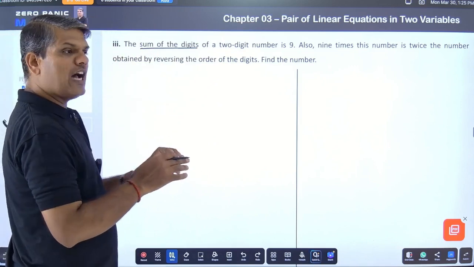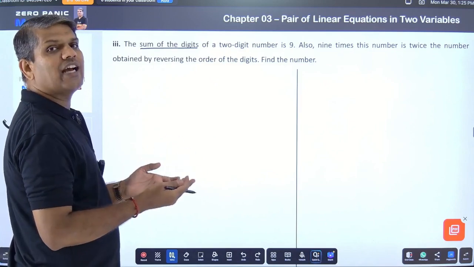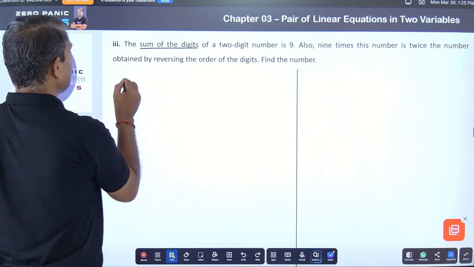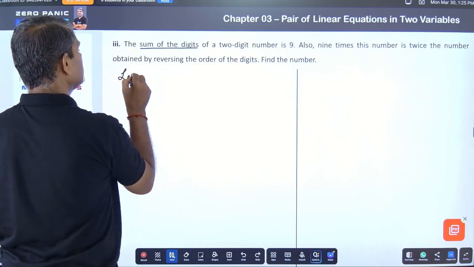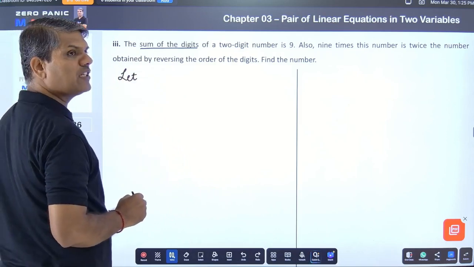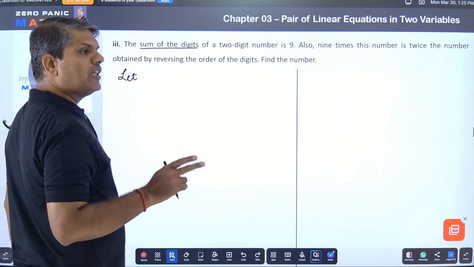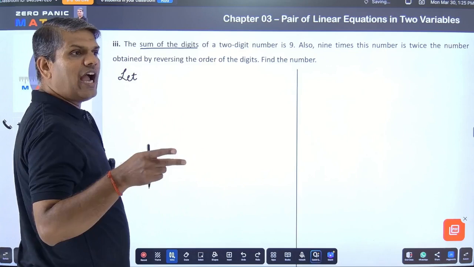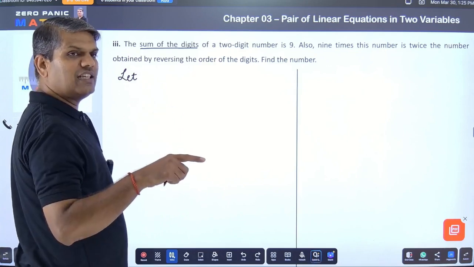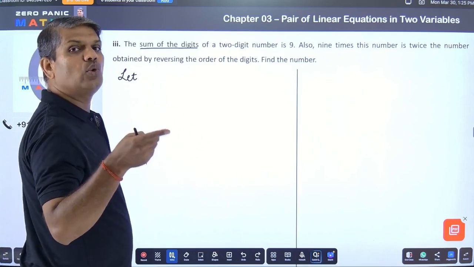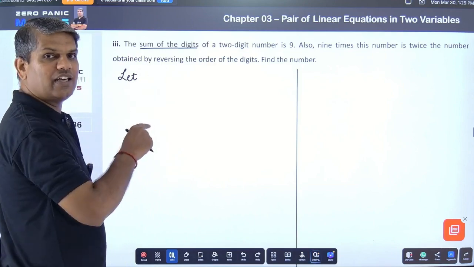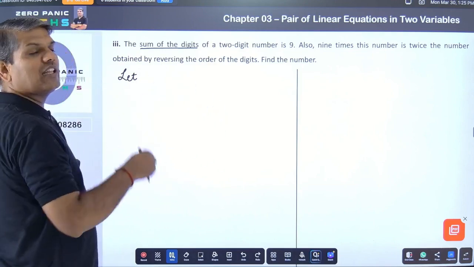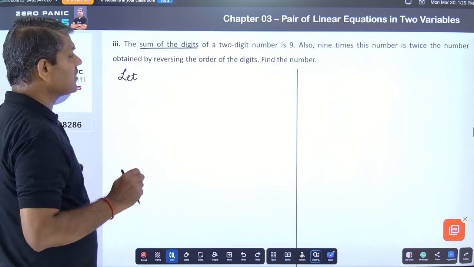Now let us assume what exactly is a two-digit number. Let us assume the two digits are x and y, and x is the tens digit and y is the unit digit, as we considered for the other examples in the previous sessions, if you remember.